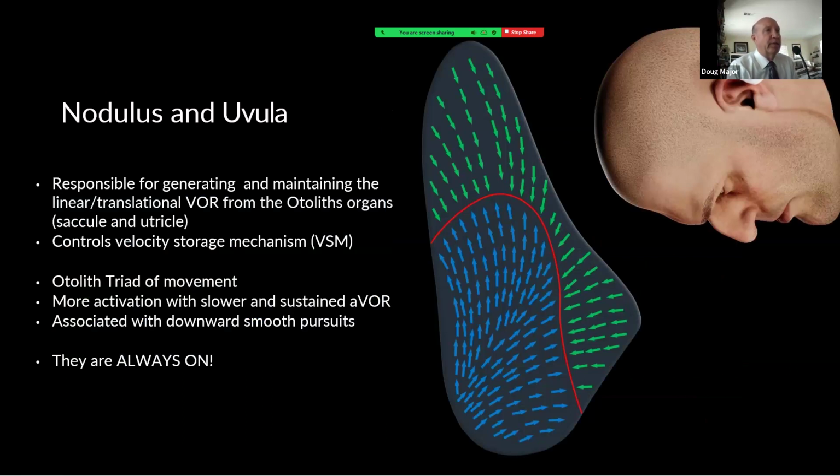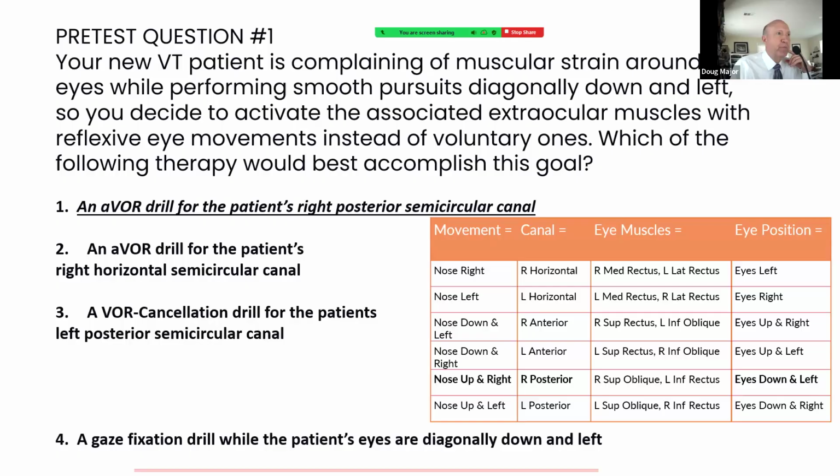We're going to talk a little more in depth about this, but remember the triad of movements is always on, associated with downward smooth pursuits, and it has that velocity storage mechanism as we move our head. But remember, it's always on and works in coordination with the semicircular canals, particularly when they slow down.